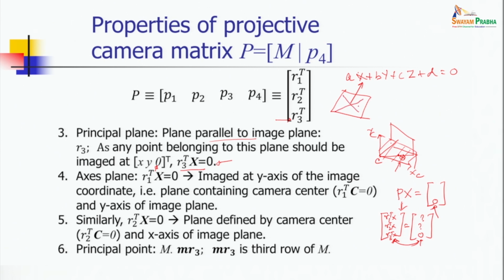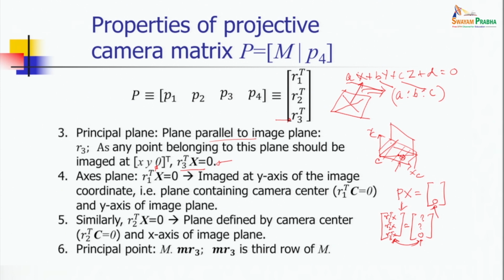That is the normal. And what are the direction ratios of this normal? We know from our coordinate geometry, they are specified by these first 3 coefficients. Their proportions give you the direction ratios.